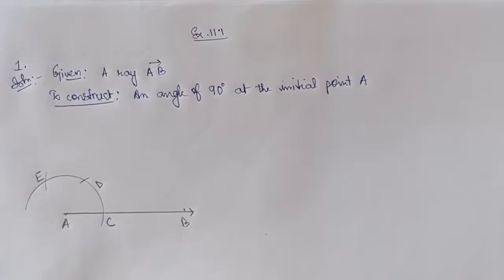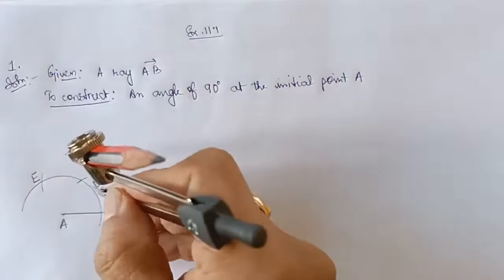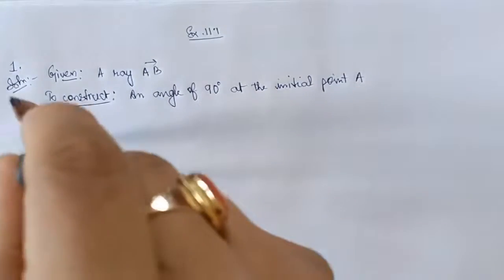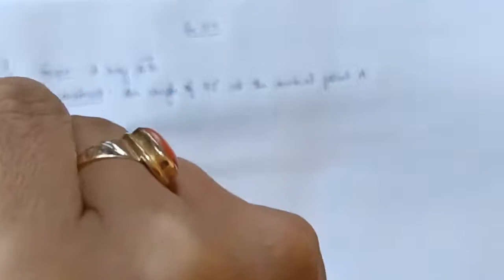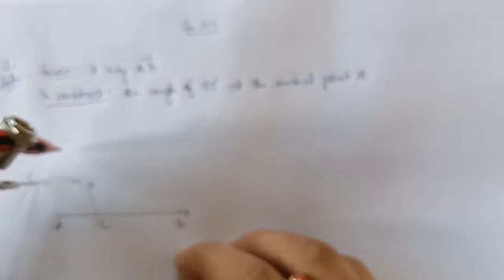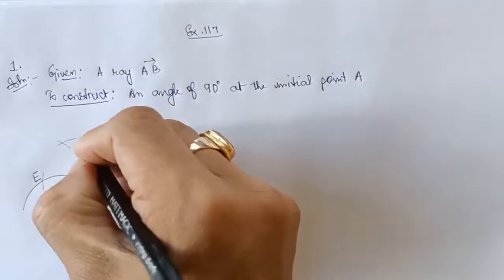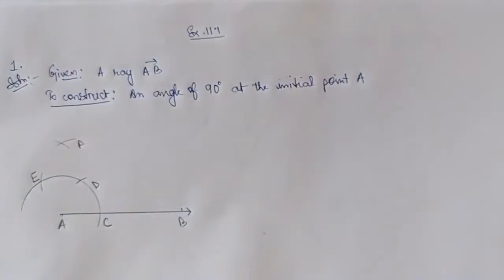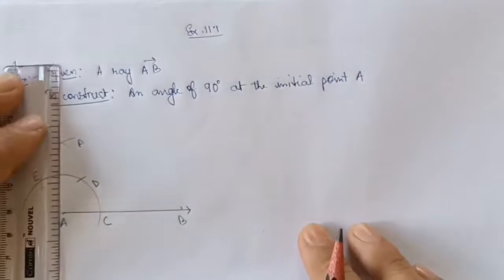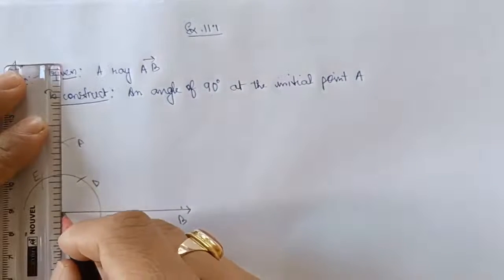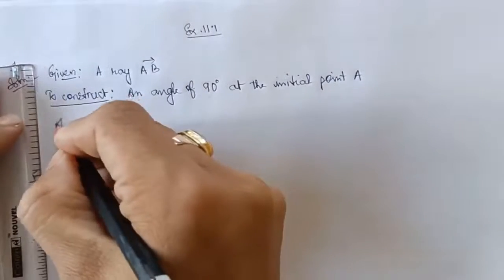Now with suitable radius and center as D, we are going to draw an arc like this, and with the same radius and with center E, we are going to draw an arc, cutting the previous arc at a point say F. Now draw a ray passing through A and F like this.